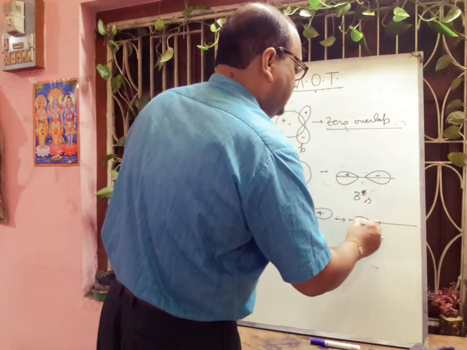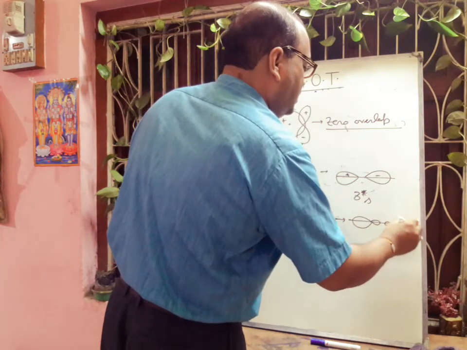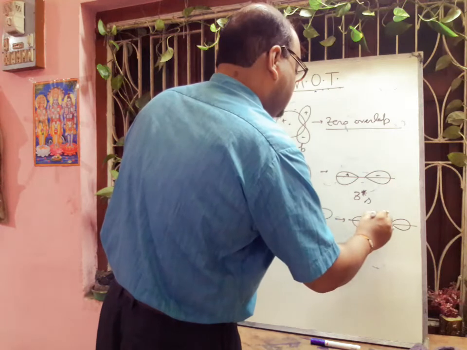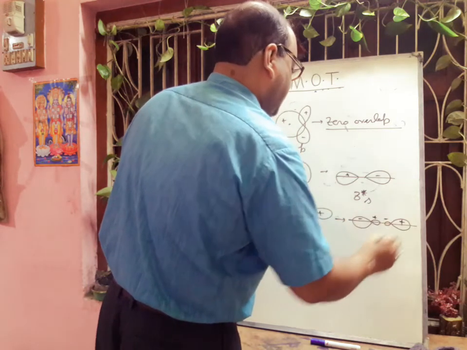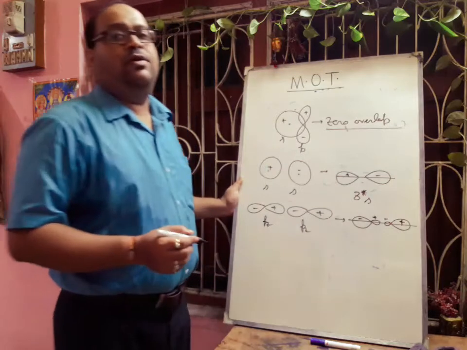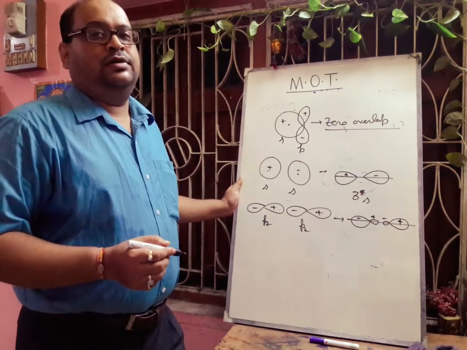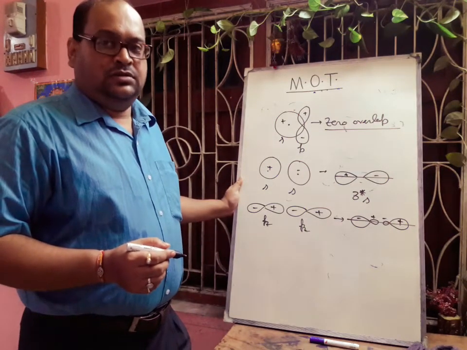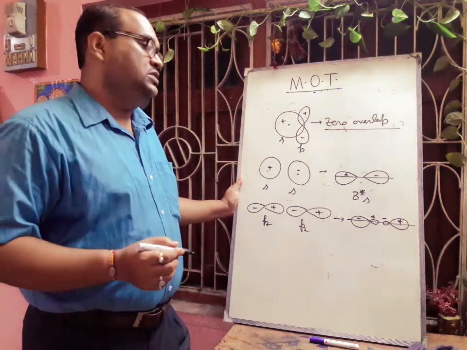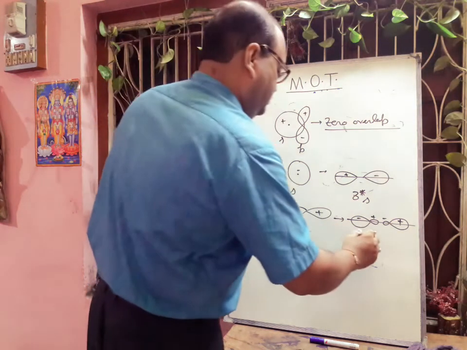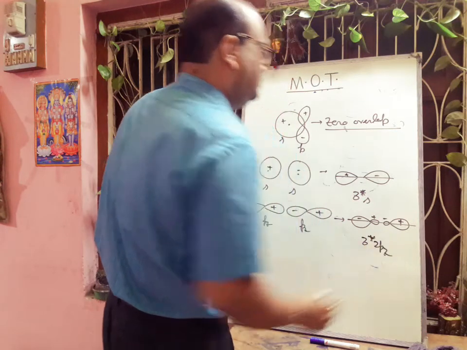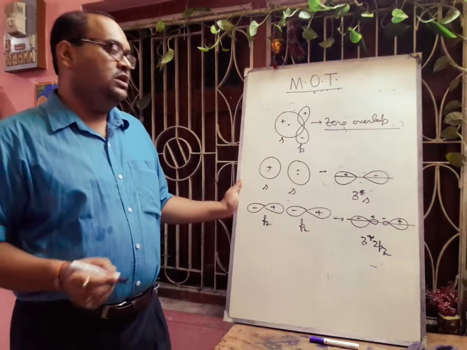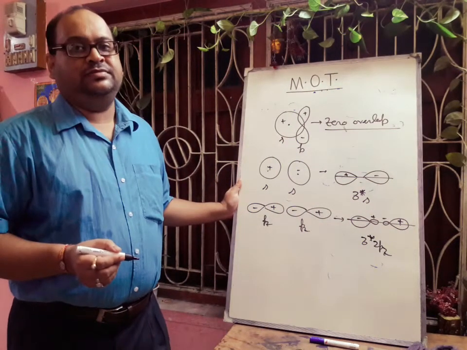So this one is plus minus, this one is minus, this one is plus. This type of bond is called sigma star 2pz.